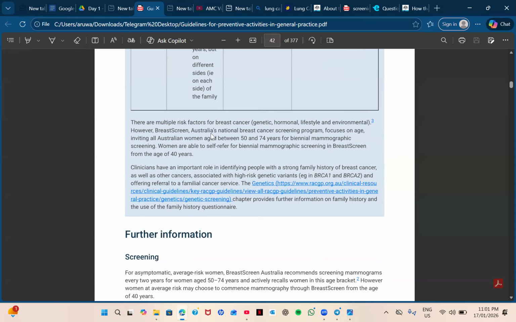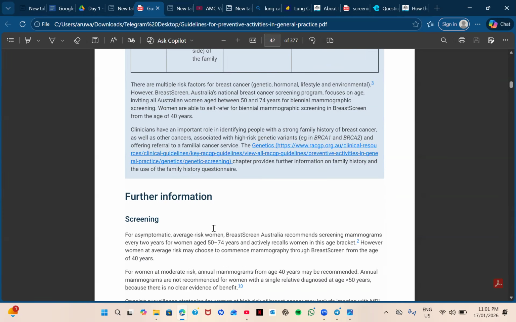But usually the Australian program starts from 50. If these people want a mammography and need screening for breast cancer, they can do it from the age of 40.